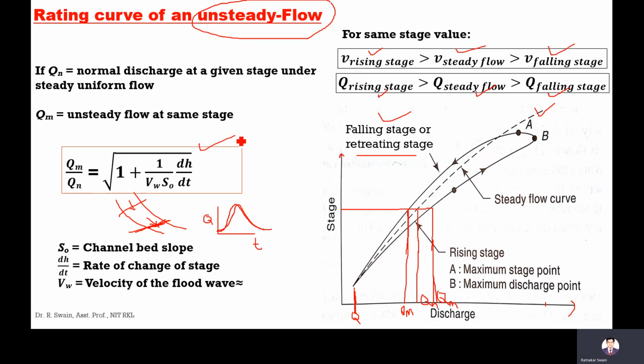This is the expression that is derived between the unsteady flow discharge and the normal discharge at the same stage: the discharge in unsteady flow divided by the discharge in steady flow is equal to the square root of 1 plus 1 by (V_W S_0) dh/dt. S_0 is the channel bed slope, the elevation difference divided by the length. dh/dt is the rate of change of stage with respect to time, and V_W is the velocity of the flood wave.